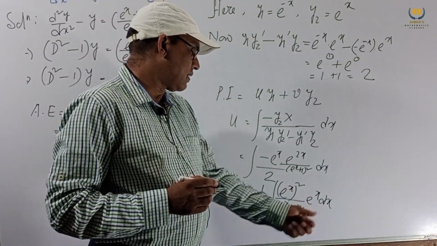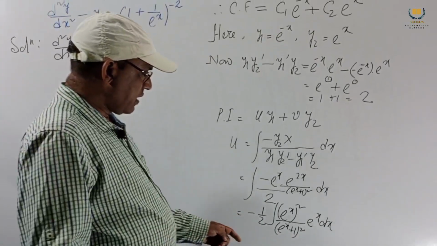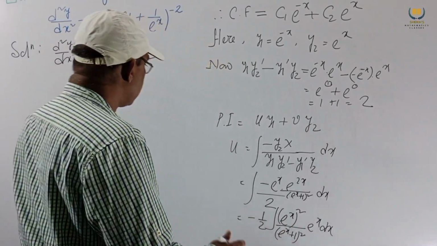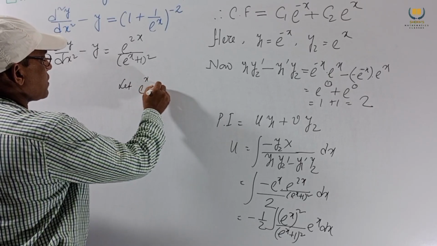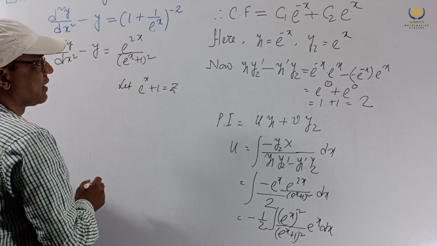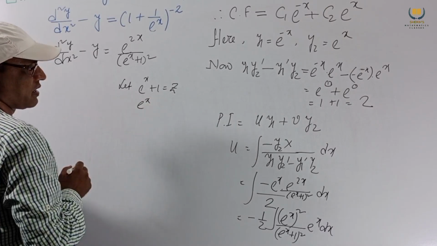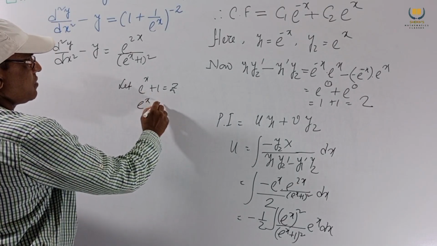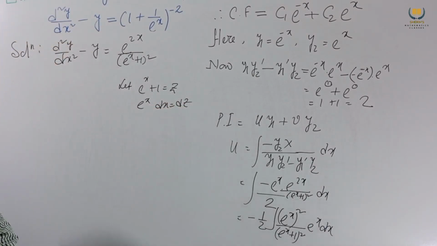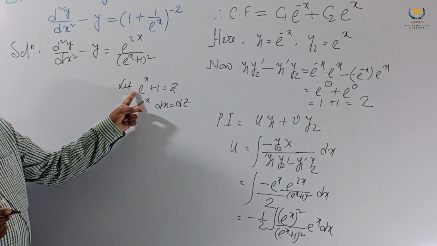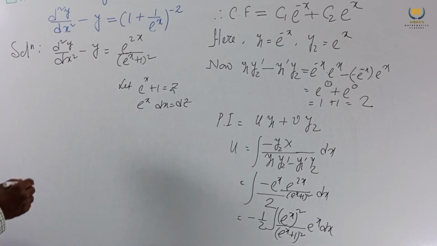So we consider e^x + 1 = z. Let e^x + 1 = z. If we differentiate both sides with respect to x, then d/dx of e^x is e^x, and of 1 is 0, so e^x dx = dz.